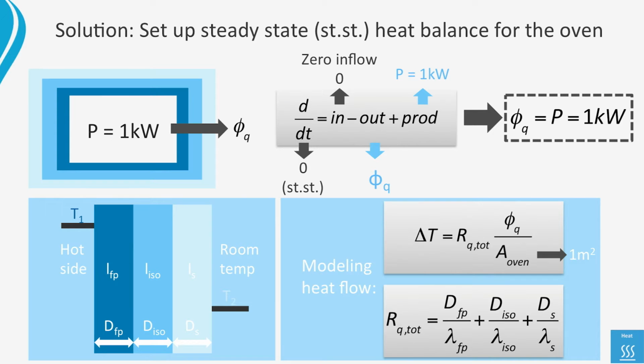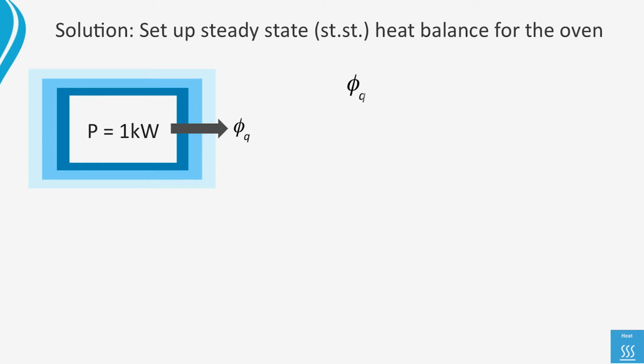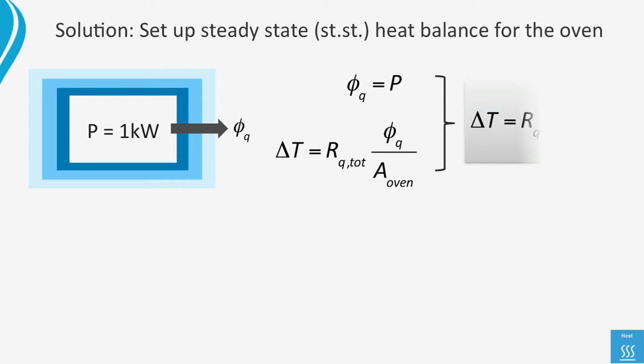Let's repeat the major steps. We found that the heat flux equals the heat production. We modeled the heat flux in terms of the total heat resistance R sub Q tot. From these two equations we solve the temperature difference.